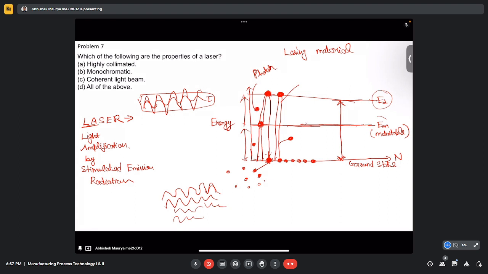So there is something called stimulated emission. The process which I told, which will happen naturally if we do not do anything, is called spontaneous emission.